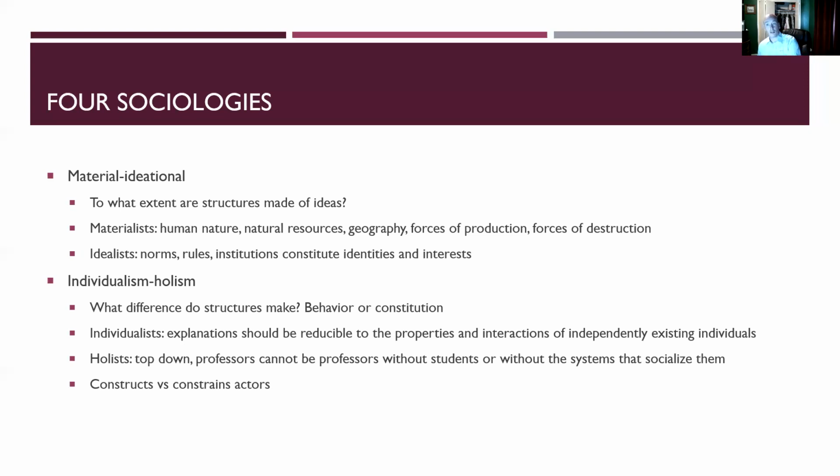Well, human nature is a big thing, right? So we can call him a materialist. The realists, we can call them materialists. And then if we think about the power that we've been talking about in the realist lectures, well, what makes power? Natural resources, geography, forces of production, forces of destruction, right? Military, with Mearsheimer, for example. So those are the materialists.